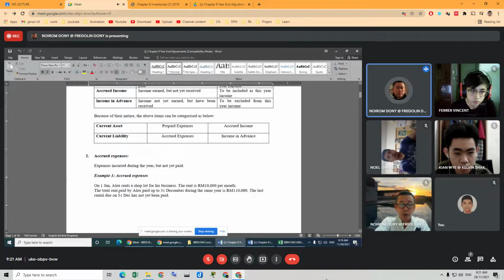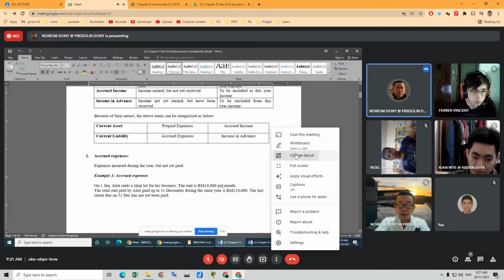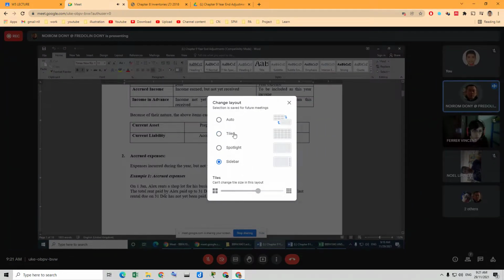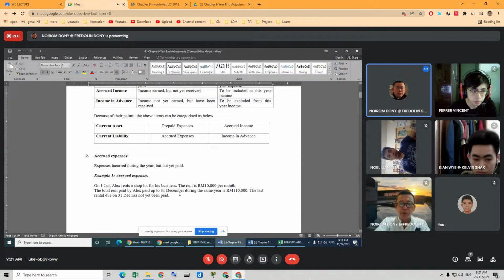So just like what we have in this illustration, on the 1st of January, Alex rented a shop lot for his business. The rent is 10,000 per month. The total rent paid by Alex up to 31st of December during the same year is 110,000. Normally, you will be given an illustration for 1 year.